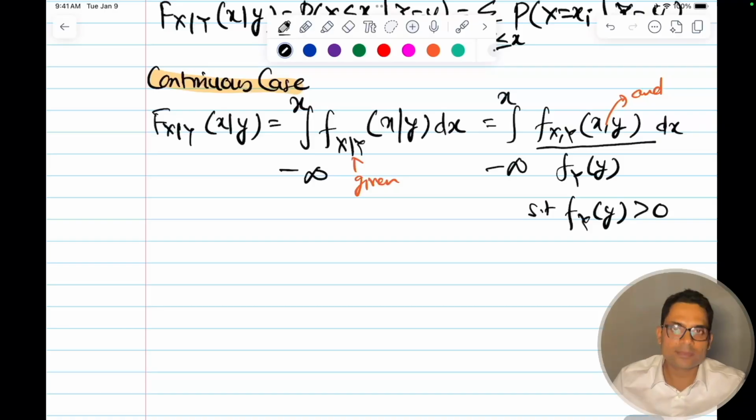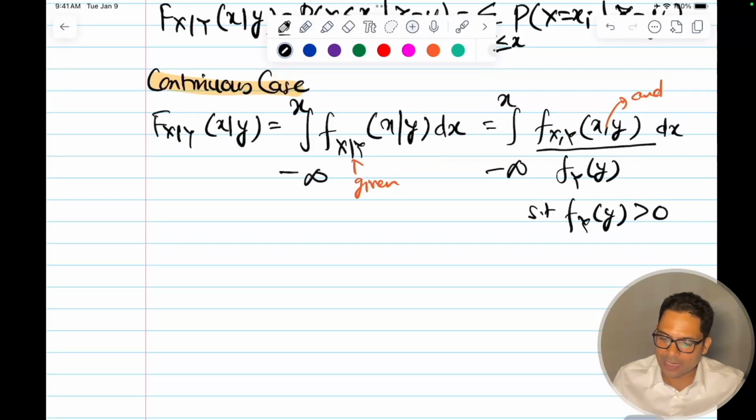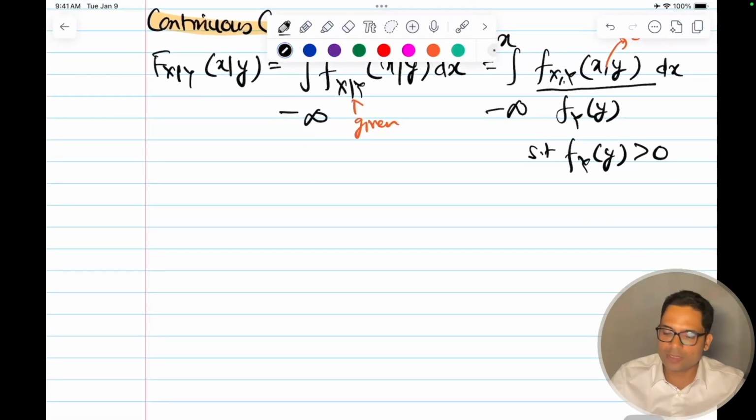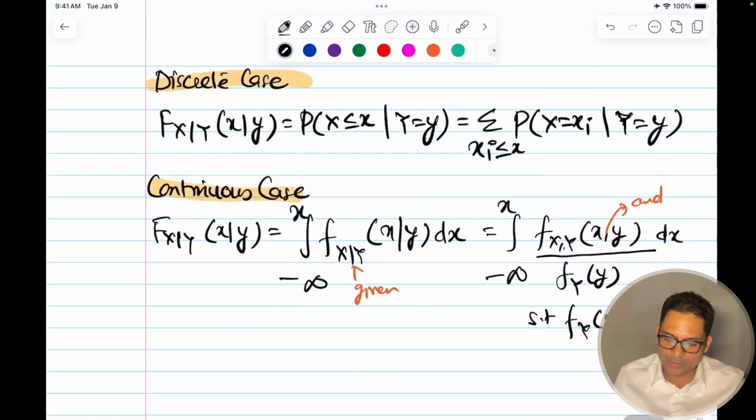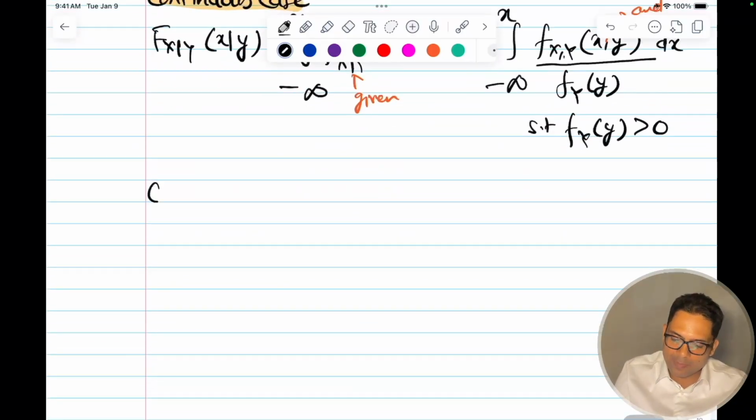I hope the formulae and the symbols are clear. Wherever you see comma, be very consistent. This is comma, this is comma, this is given. Continuous case, this is done. So conditional CDF is done. Now let's move to conditional PMF.